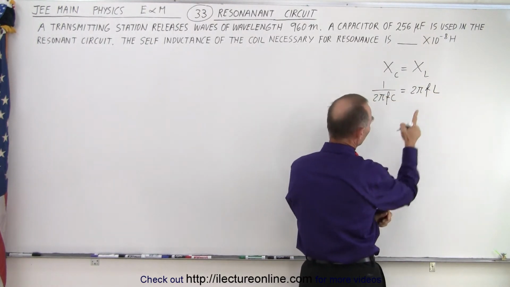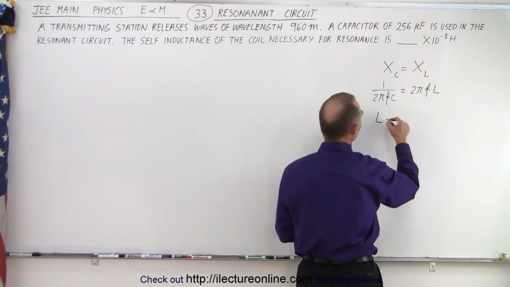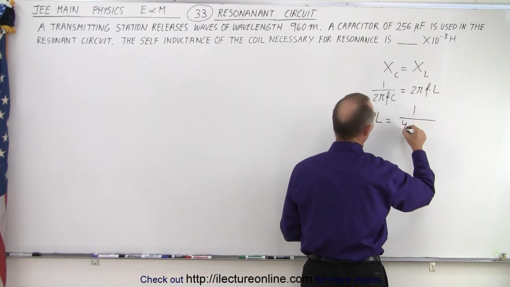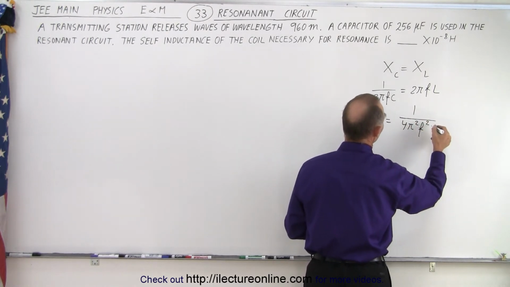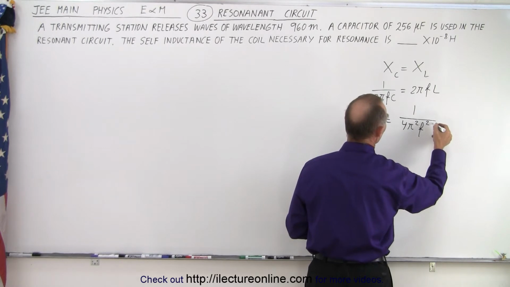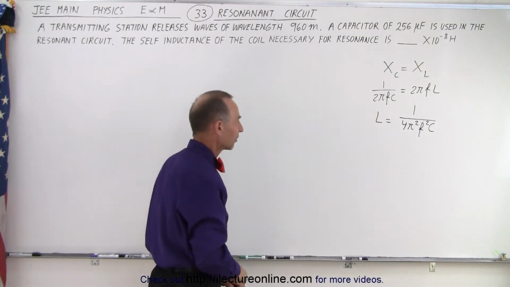So what we need to do is solve this for L, so divide both sides by 2 pi F, and we end up with L equal to 1 over 4 pi squared F squared times C. And that's of course big C, which is the capacitance, not C the speed of light.